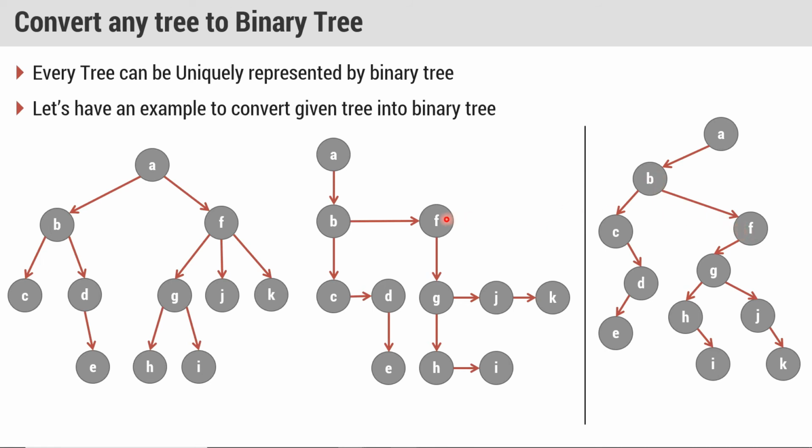Then see, now F has one node, that is the left node of F, that is G. So we have to put this G over here. Then G has two nodes, left and right.